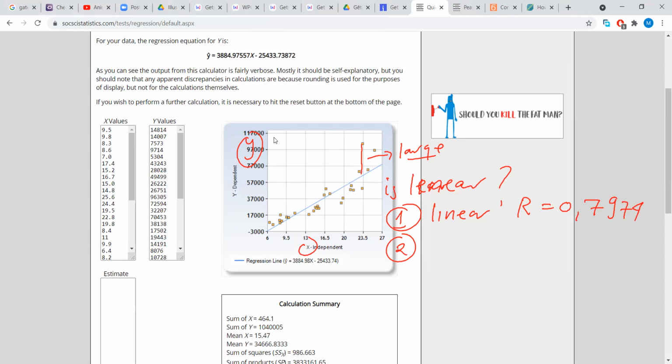I mean, improve the model by making it non-linear. Suppose this data is non-linear, then how to model this data?